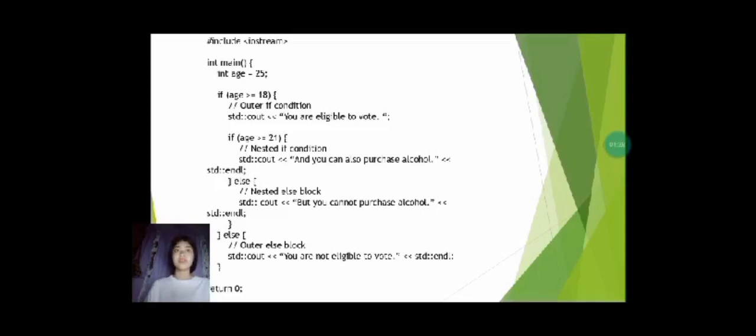If age is greater than or equal to 21, it prints and you can also purchase alcohol. Otherwise, it prints but you cannot purchase alcohol. So if the outer condition is false, i.e. age is less than 18, it enters the else block and prints you are not eligible to vote.